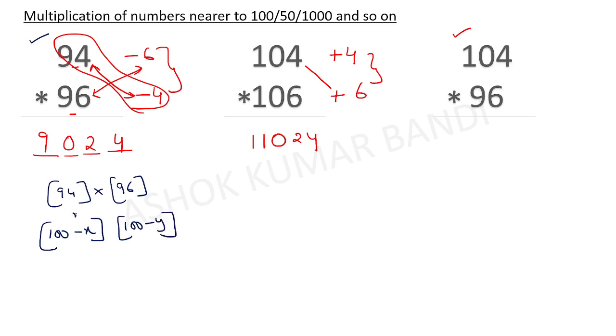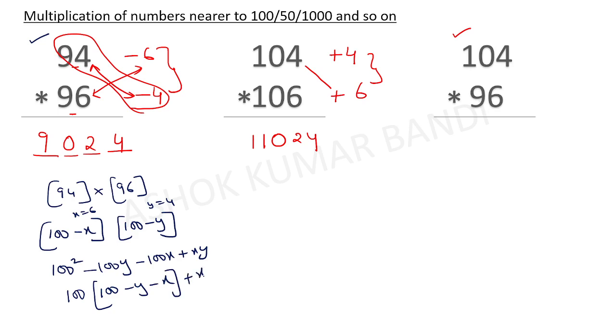In our case, x equals 6 and y equals 4. Multiply these two, and you get 100 square minus 100y minus 100x plus xy. If you take 100 common, 100 times (100 minus y minus x) plus xy.